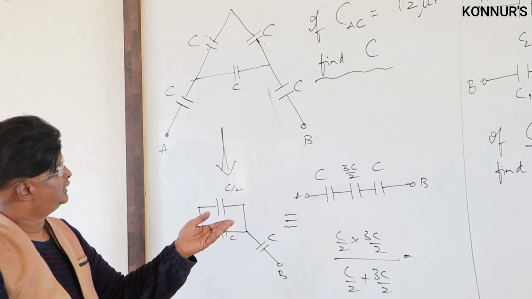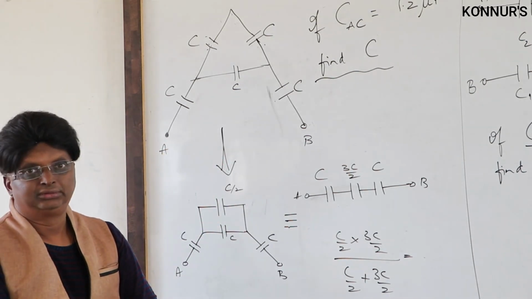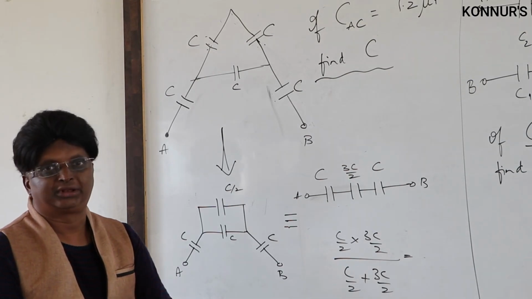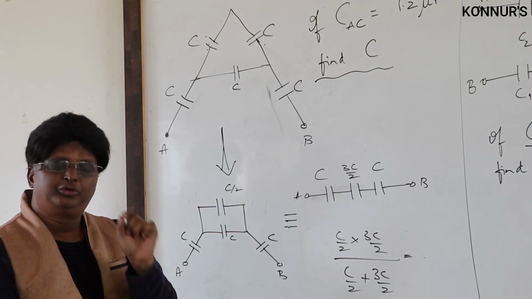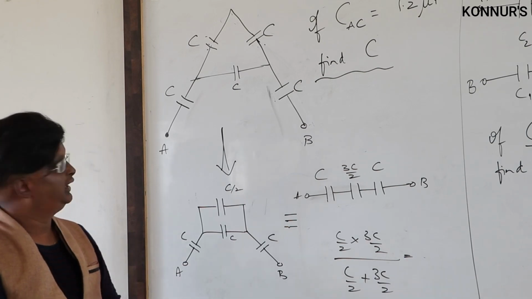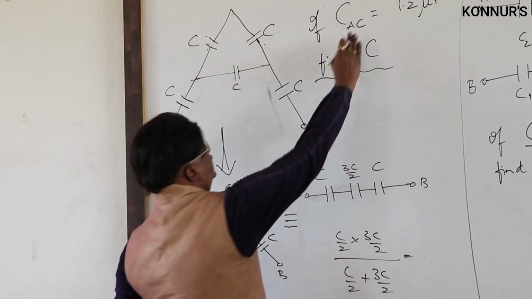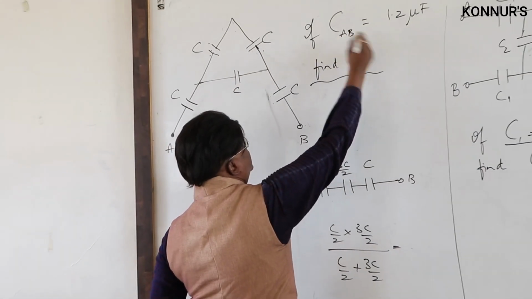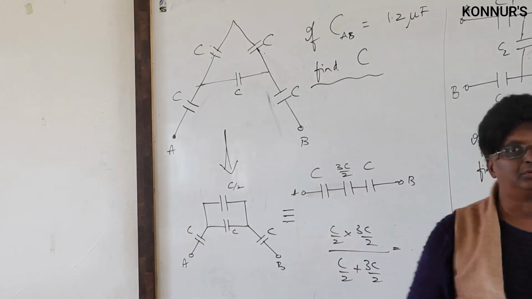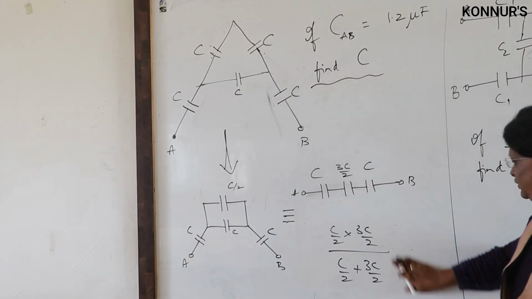Alright. Now, I have formed the example in such a way that sometimes this is what happens. We don't read the questions properly, and even though we got the answer, we could not get the scoring in the exam. See, the example says C across AB is given as 1.2 microfarad. Now find the value of C. What is the answer here?